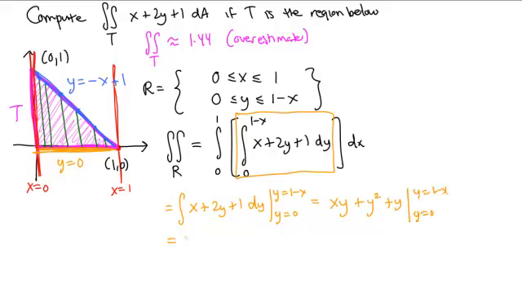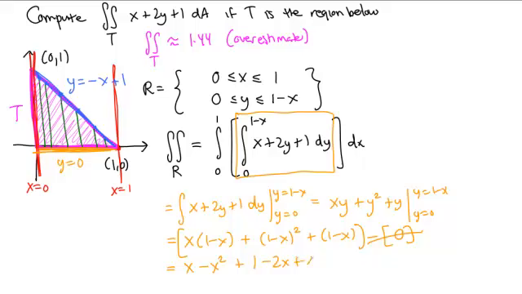So if we plug those in, we're going to have x times (1 minus x) plus (1 minus x) squared, plus (1 minus x). If we plug in 0, we're just going to get 0, so we'll subtract the results. This isn't going to contribute. If we clean up what we've got left, we're going to have x minus x squared plus, foiling this out, 1 minus 2x plus x squared plus 1 minus x.